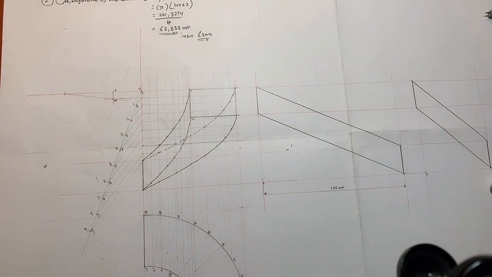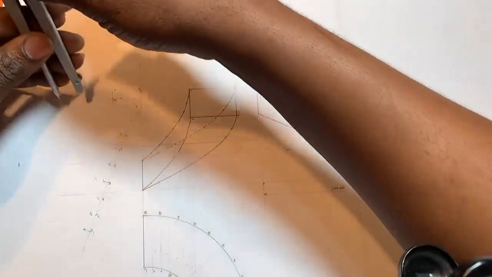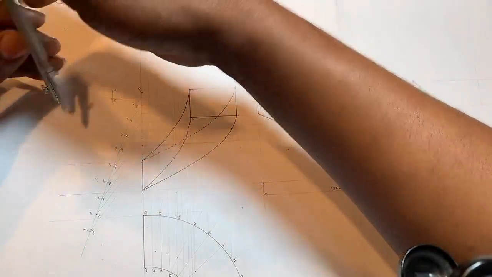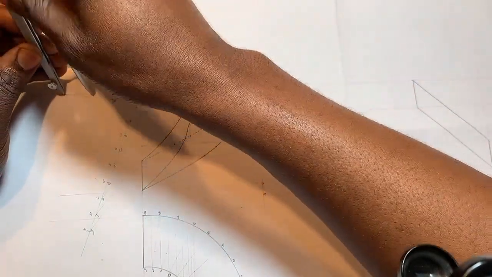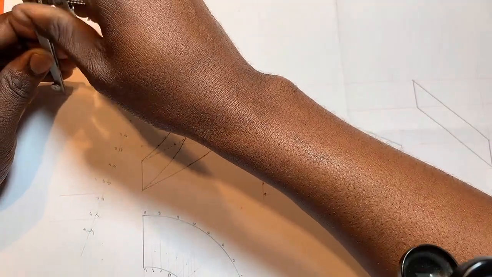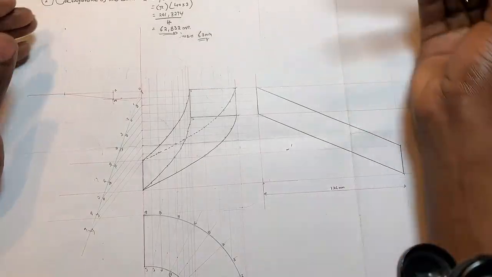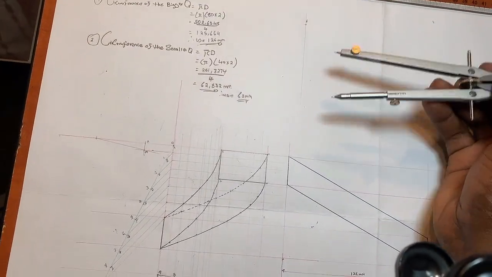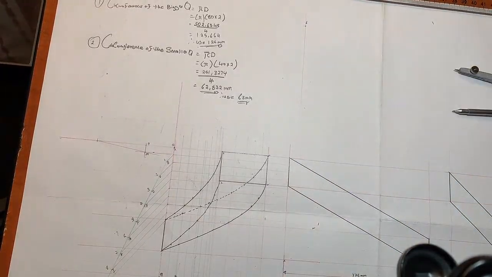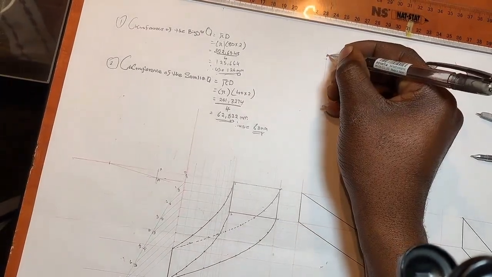So to get that now, I can come back and place my drawing compass at this true distance to my median point. It is what I like about drawing. Then I can come back to my point 9. Remember, this is 9.